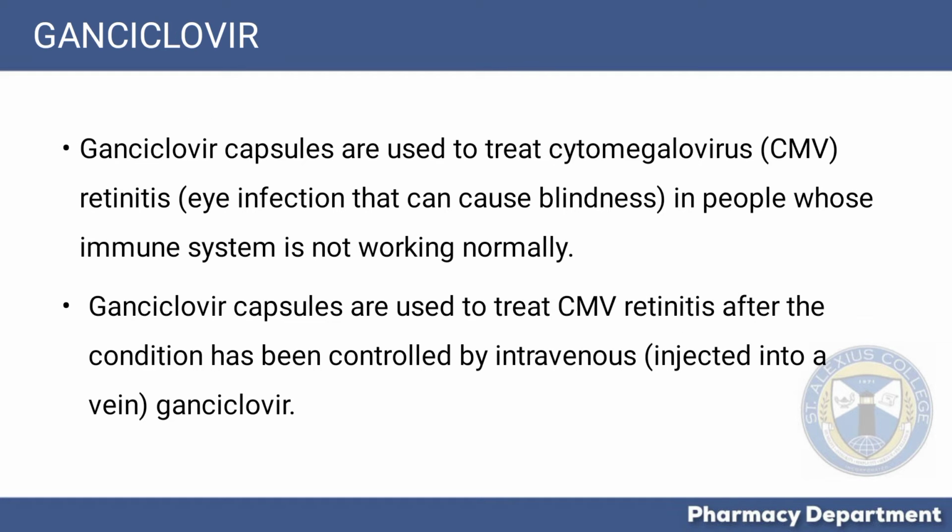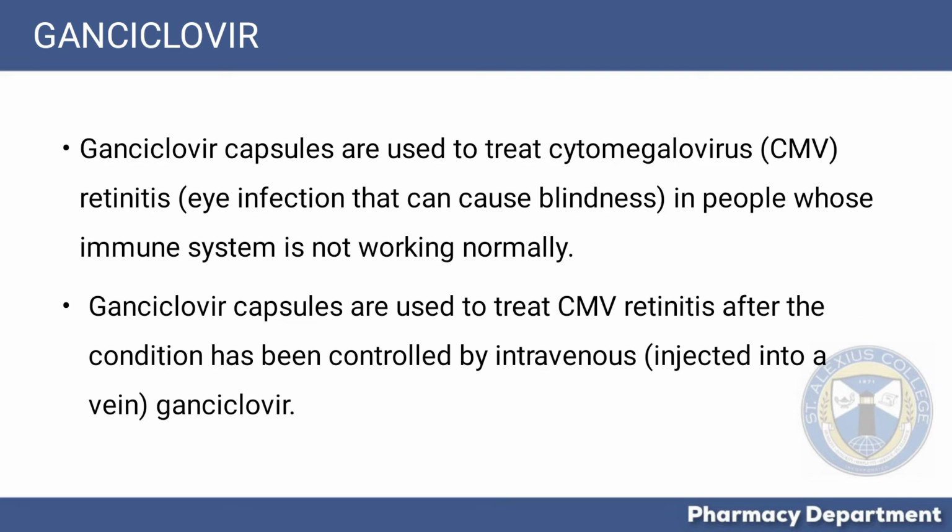So let's proceed to ganciclovir. Ganciclovir capsules are used to treat cytomegalovirus retinitis, an eye infection that can cause blindness in people whose immune system is not working normally. Ganciclovir capsules are used to treat CMV retinitis after the condition has been controlled by IV, or intravenous, ganciclovir.